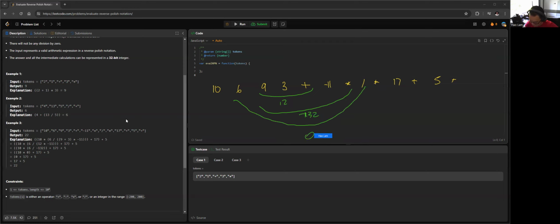And we have 10 multiplied by 0, which is 0. Then 0 plus 17 is 17, and we have 17 and 5. The last one is plus. So 17 plus 5 is 22, and the final result is 22.